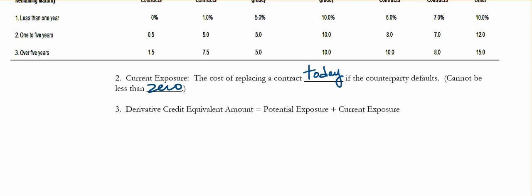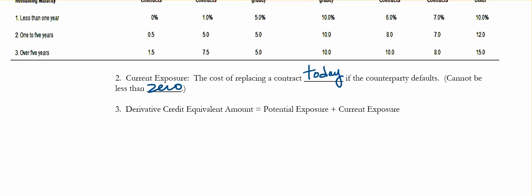So as you might realize, there are sometimes when a contract could be in the money, and then it would have a positive payoff, and the replacement cost could be negative, therefore, because basically you'd be the one getting paid if you got that contract replaced. So there's a floor here for the replacement cost at 0.